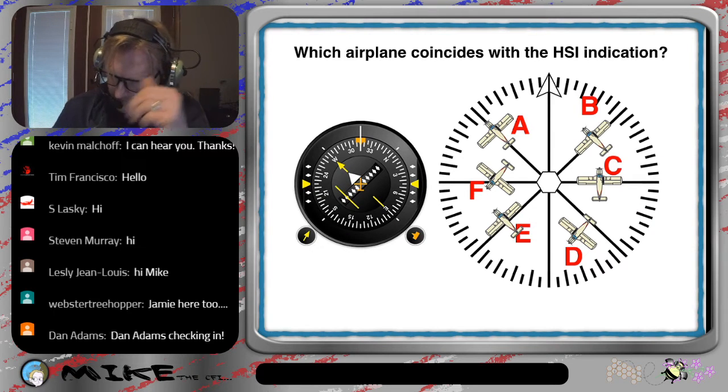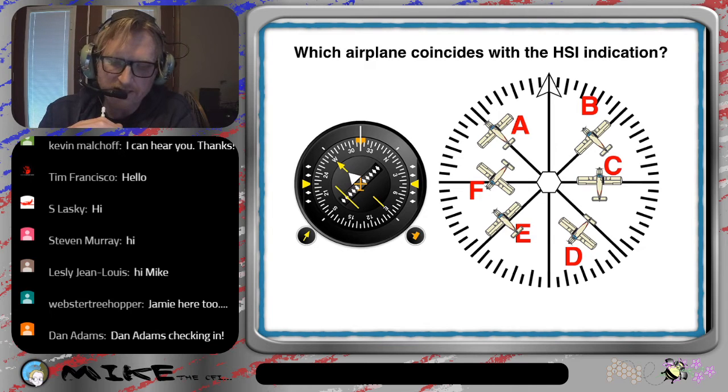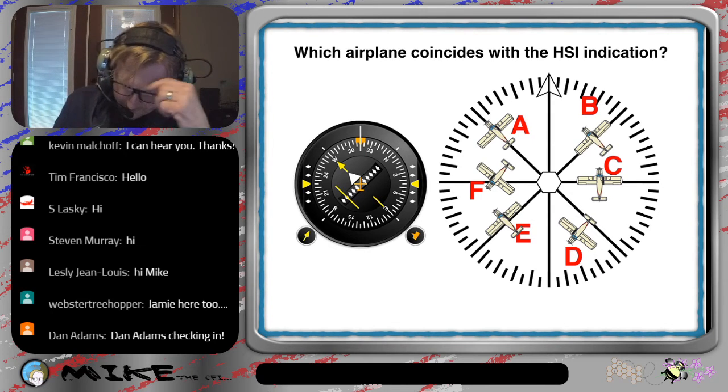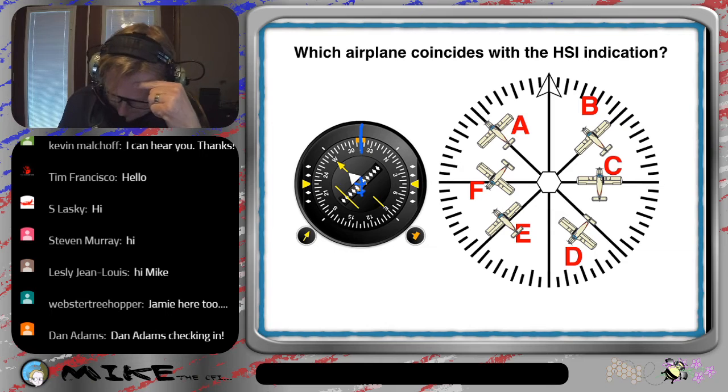There are several FAA test questions that ask you to reference your position relative to the HSI. And again, they can be pretty confusing. But just looking at the indications here, you can see that in the middle you have your airplane. So that's you flying along going that direction. What direction? Well, whatever you have indicated up here.